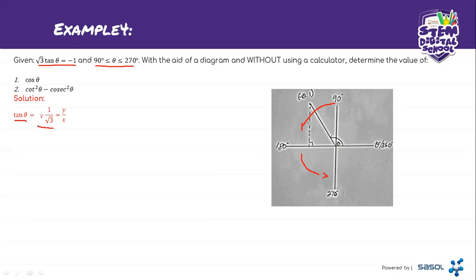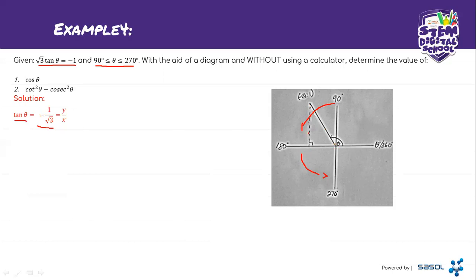So the third quadrant is out, because both x and y are negative in that quadrant, right? And on this one we have only one negative, and surely it's going to be on the second quadrant. On the second quadrant only y is positive and x is negative, meaning this negative is for this square root of 3.